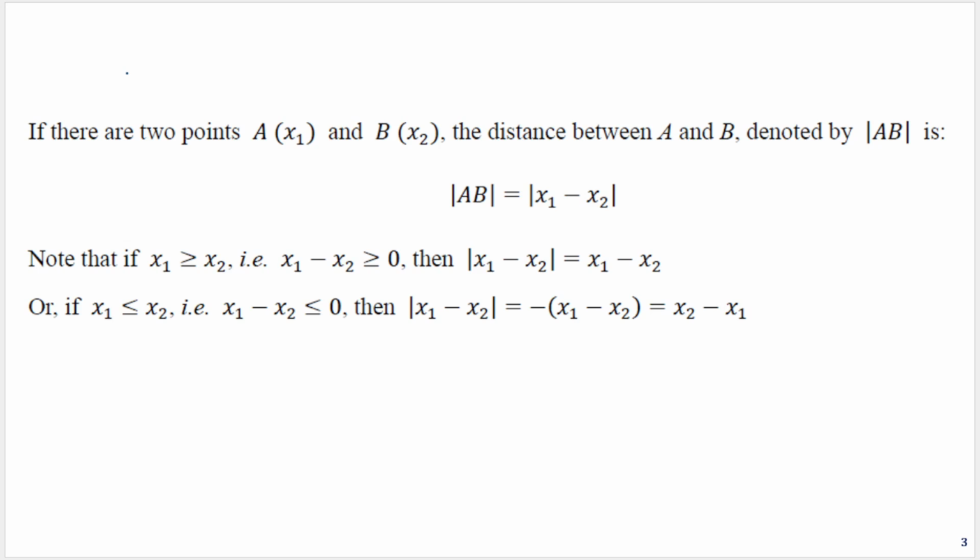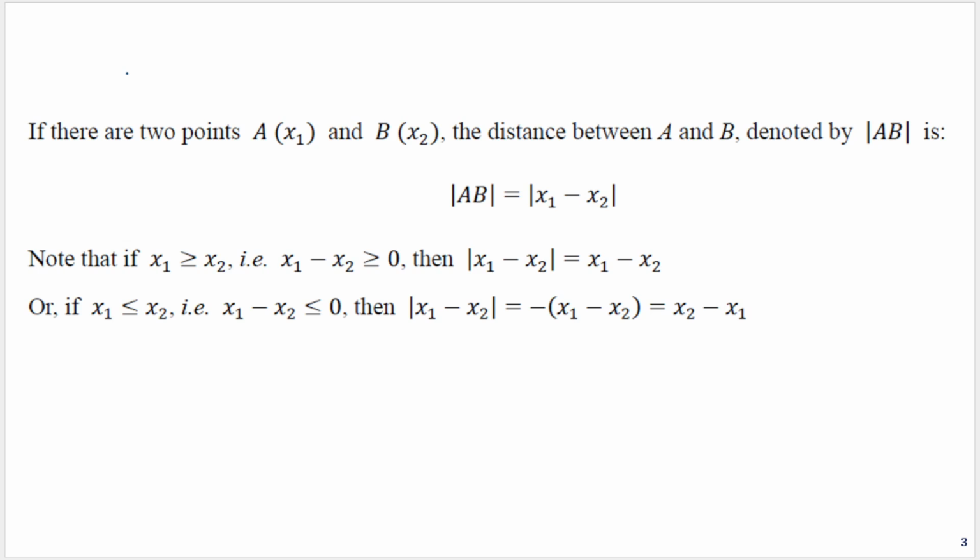You get it? And also note that you can remove the absolute value signs according to whether x1 is greater than or equal to x2 or x1 is less than or equal to x2. You can remove the absolute value signs accordingly. Did you get it?